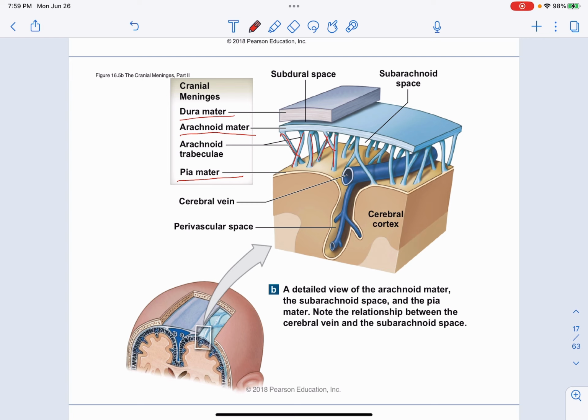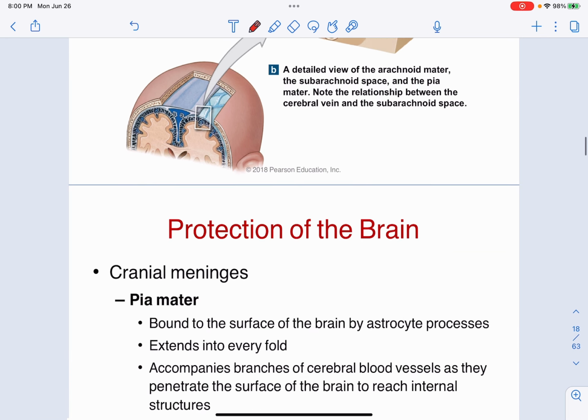And again, if anything should happen with this, if you lose any cerebrospinal fluid, this potential space can get bigger. Or again, if there's injury here and blood flows in there and begins to fill up, it'll start to push this membrane down onto the brain and cause some serious trouble.